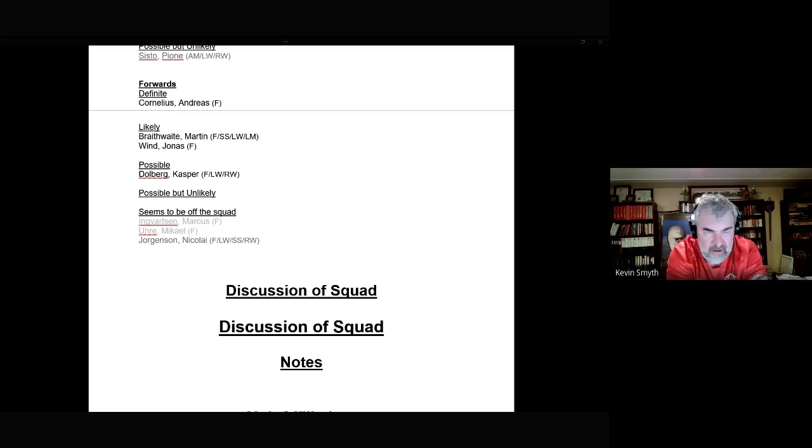So Jonas Wind, we consider a likely candidate, but I do believe there's an injury warning on Jonas Wind, so we'll get to that towards the end of the podcast. Finally, Kasper Dolberg, only a possible candidate here. Since the Euro 2021 Cup, he has started only 2 of their 13 games, subbed in for 3 of those, and not selected for 8 others.